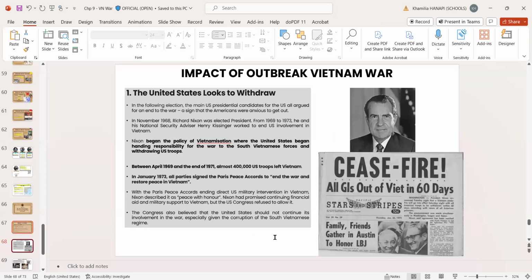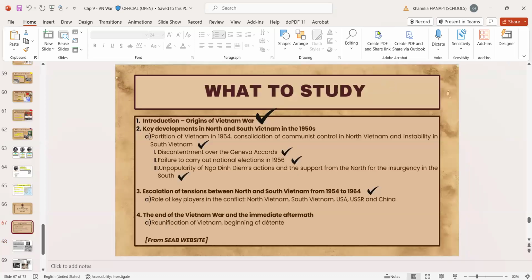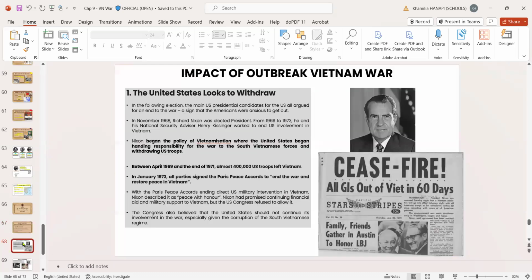How did they lose the war? The part where they were losing the war, there is another deck of notes that later on I will refer you to. So the impact is very simple. Once the Americans were so invested into the war, it looks as though they are going to withdraw. Because why? Things happen. The Americans couldn't sustain the war efforts in Vietnam.